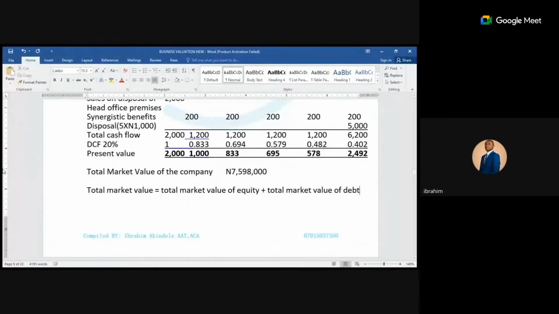And this is the total market value of the company, which includes equity and debt. But what we need is only the equity, because what they want to acquire is equity, not equity and the debt. It is the share capital.